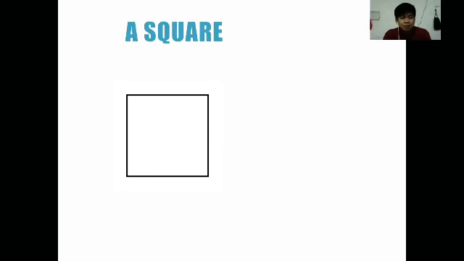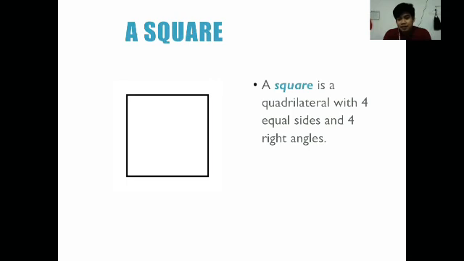So ano nga ba yung property ng square? Number one, it has four sides, and number two, it has four right angles. So we have here, it has four equal sides.